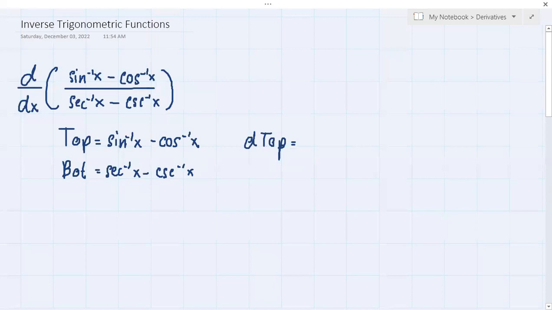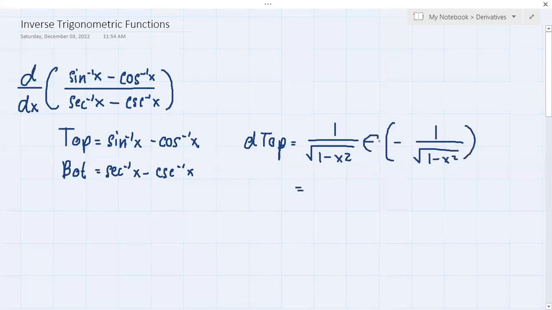So, first, in derivative ng top, kunin natin derivative ng arc sin x. Derivative ng arc sin x is 1 all over the square root of 1 minus x squared. Minus derivative ng arc cosine, which is negative 1 all over the square root of 1 minus x squared. So, let's simplify. We have negative outside and negative inside of the parentheses.